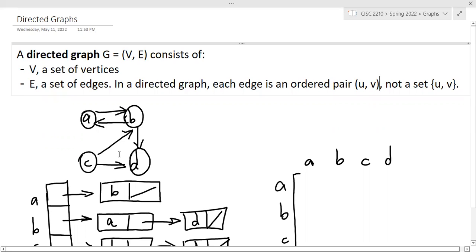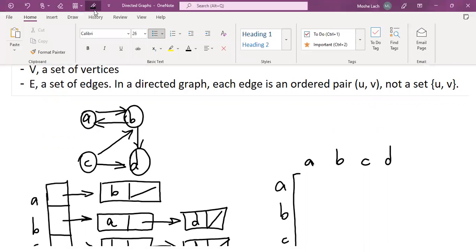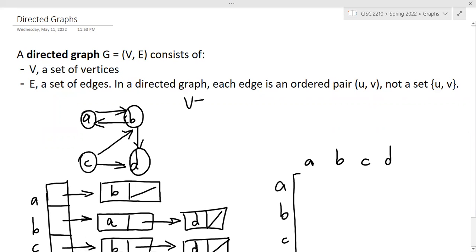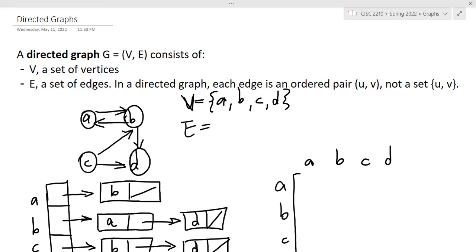Let's actually write out the sets. Here V is going to be the set {A, B, C, D}. And then the set of edges is going to be a set of ordered pairs. We have an ordered pair (A, B).